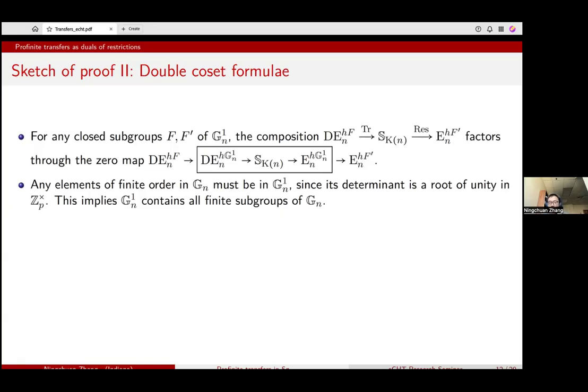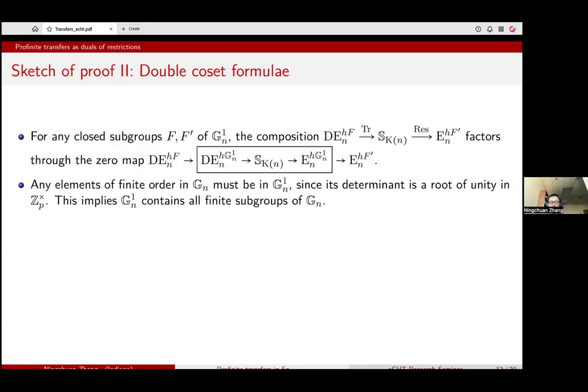And for finite subgroups, any element of finite order in Gn must have determinant a root of unity, hence it must be in the kernel of the reduced determinant. So that proves the first half. The transfer followed by restriction, at least for closed subgroups of Gn^1, is always going to be zero.